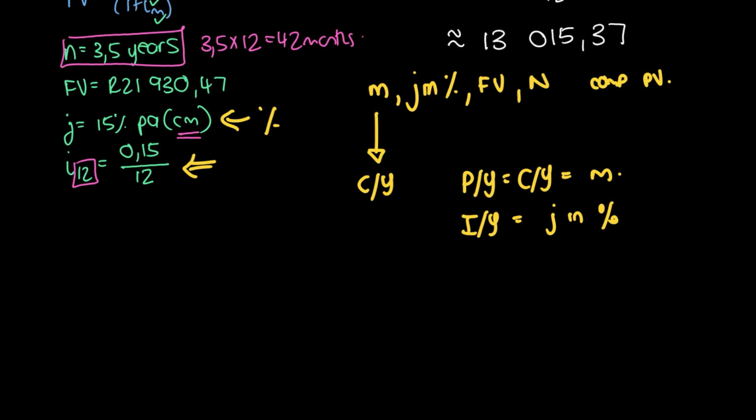Then we're going to have our future value, and it is going to be the 21,930 Rand and 47 cents. And we're going to have to be a little bit careful about this because that's the one part of the financial calculator we're going to have to baby the calculator with, and that's to do with the inflow and outflow of money.